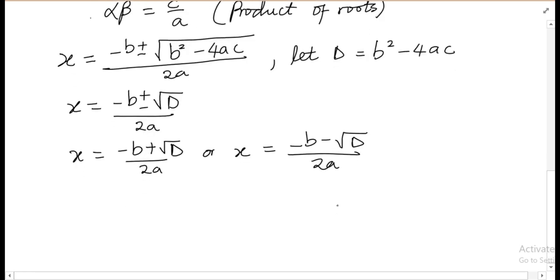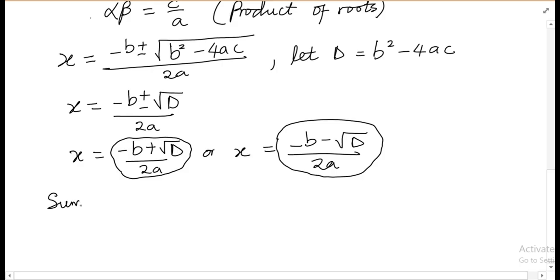Okay, so these are the roots of the quadratic equation: minus b plus root d and minus b minus root d over 2a. So let's look at adding them, which is the sum of roots.